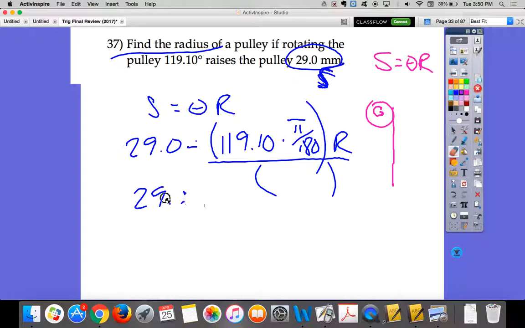If you do that, it's probably going to be easier to type. We're going to type 29 divided by, and then in parentheses, put 119.10 times pi divided by 180. And it should work out lovely.